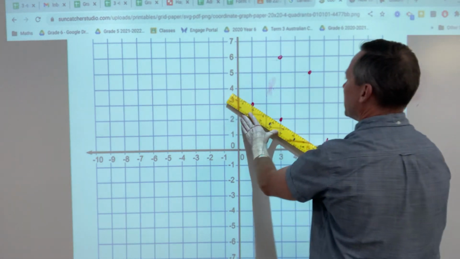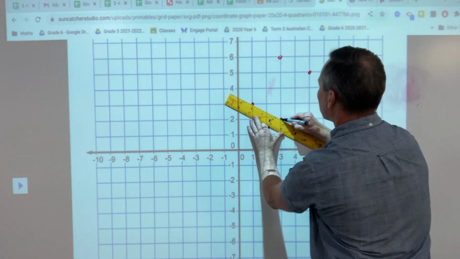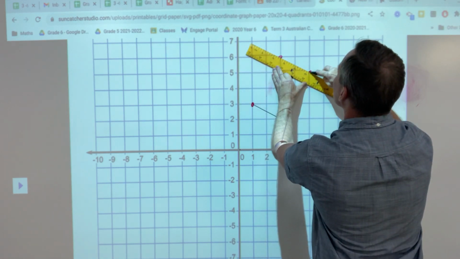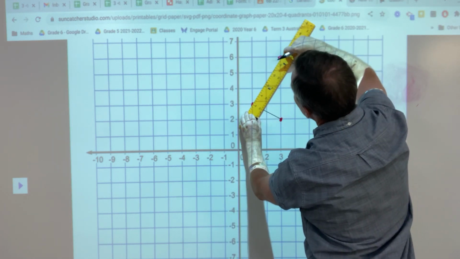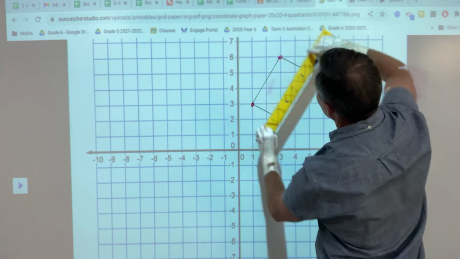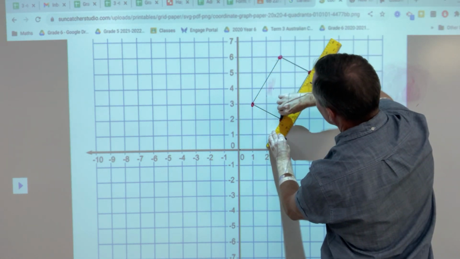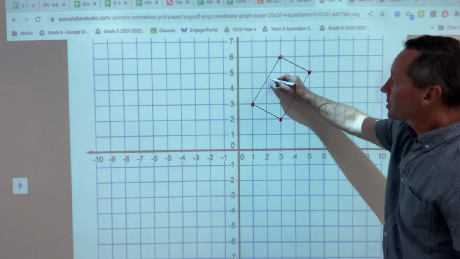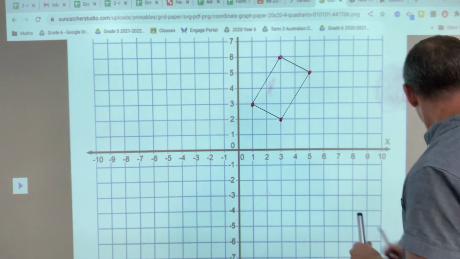Get my ruler, and we will just draw this. See, this line is parallel to this line, and this line is parallel to that line.